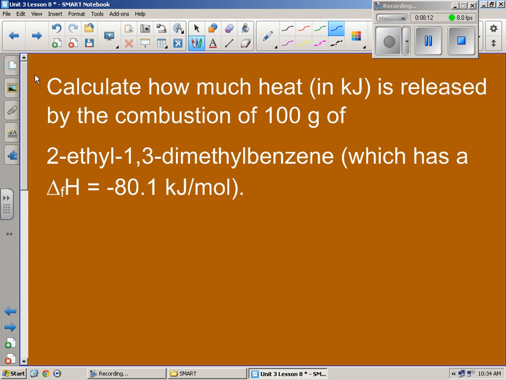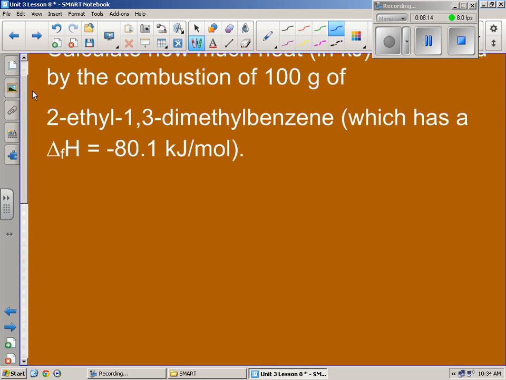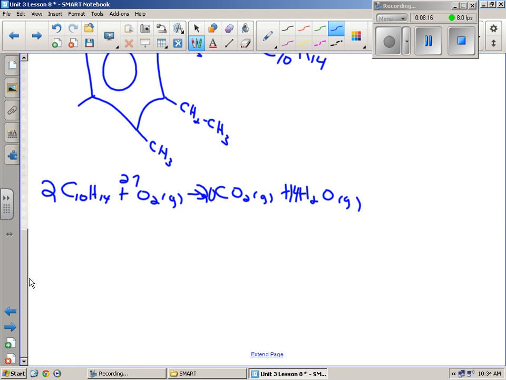It says we have 100 grams of this 2-ethyl-1,3-dimethylbenzene. So 100 grams, I'd put that here. They're probably telling me that for a reason. I could probably find the molar mass, and I could figure out how many moles I'm burning. So let's do that. 10 times 12.01 and 14 times 1.01.